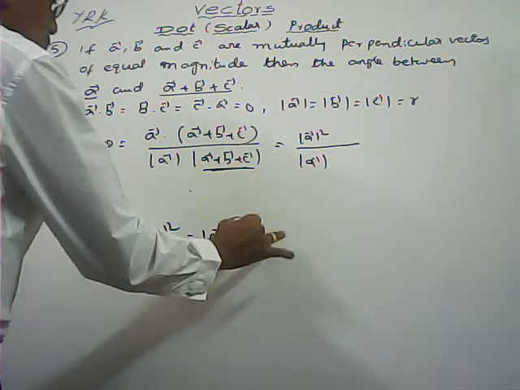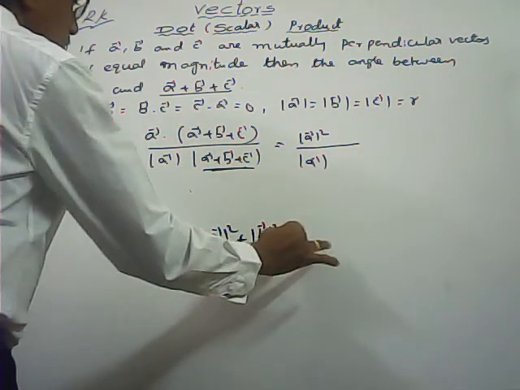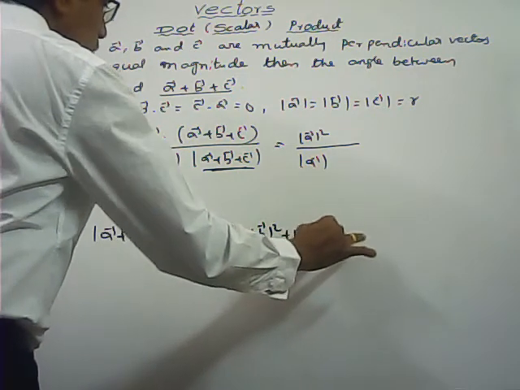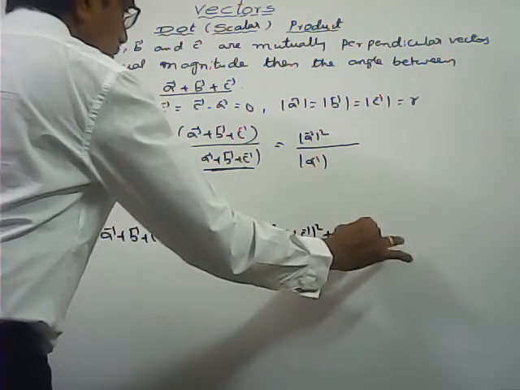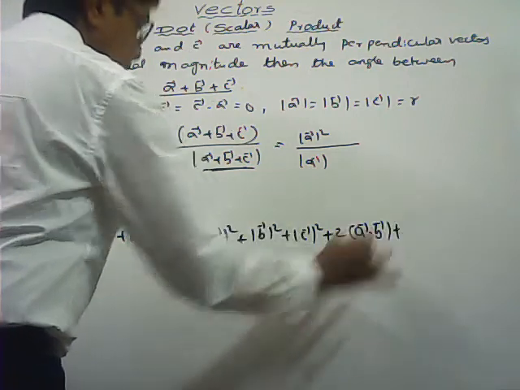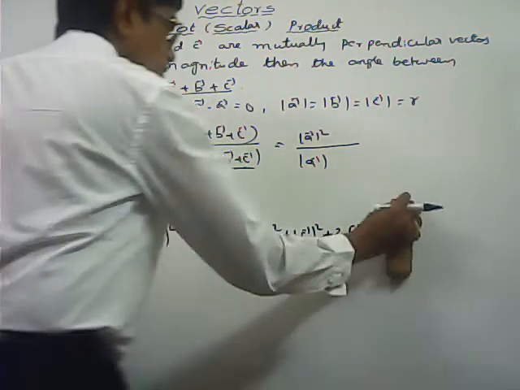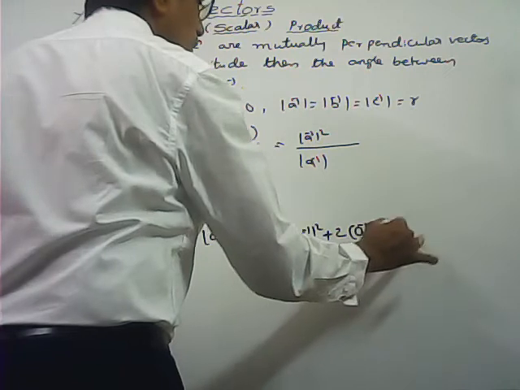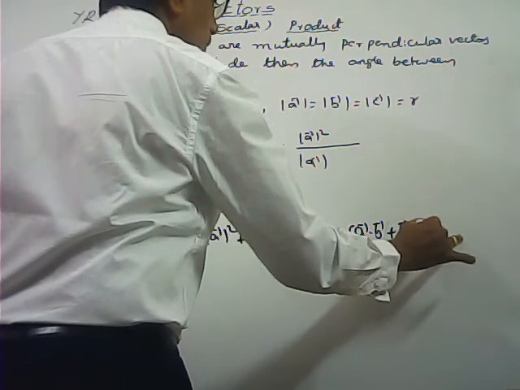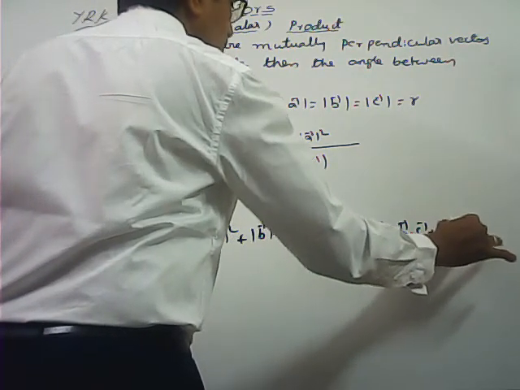Modulus of B bar square plus modulus of C bar square plus 2 into A bar dot B bar plus B bar dot C bar plus C bar dot A bar.